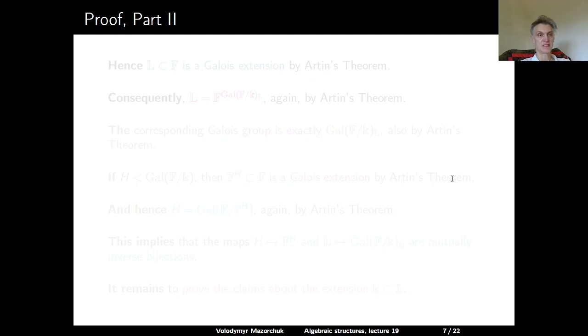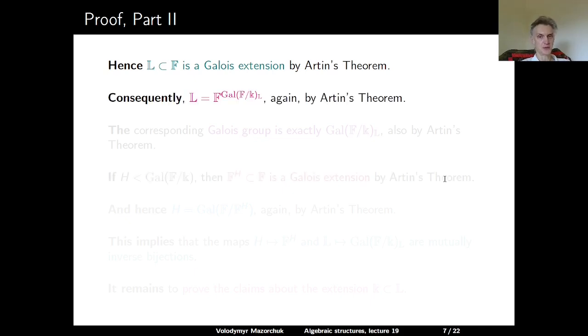And then, of course, this means that the extension of L inside F, for any intermediate subfield L, is a Galois extension by Artin's theorem. In particular, by Artin's theorem, L coincides with the set of fixed points for its stabilizer subgroup, and also by Artin's theorem, the Galois group of F over L is exactly the stabilizer subgroup of L inside the Galois group of F over K.